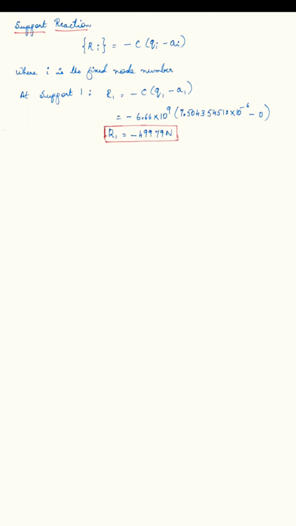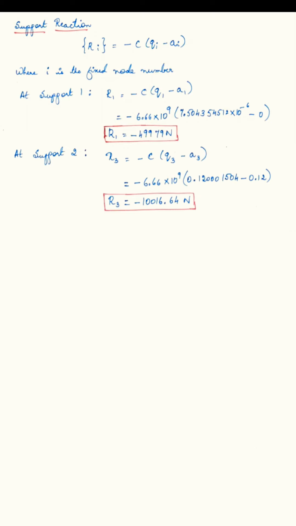So please retain whatever value that you obtained for Q1 or the displacement at fixed nodes as it is. Don't try to manipulate or change it or approximate it to the closest values. So multiplying this, R1 value will be obtained as minus 499.79 Newton. If you want to, you can convert it into kilonewtons as 49.97.